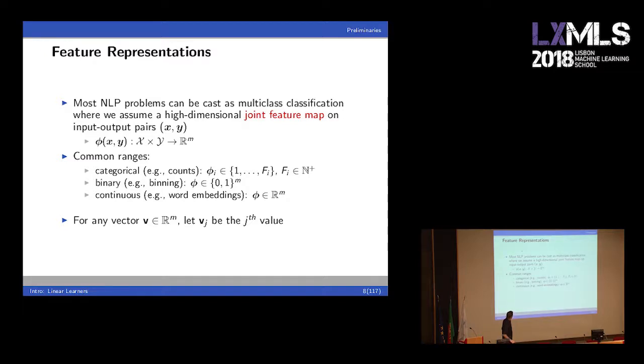So, common ranges of feature representations. This is not really important, but common ranges are counts or binary ranges. So if you take real valued features and you bin them, so you say an interval from value x to value y is one bin. If the value falls into that bin, I say 1, otherwise I say 0. This is one way of simplifying the model, or they can be continuous.